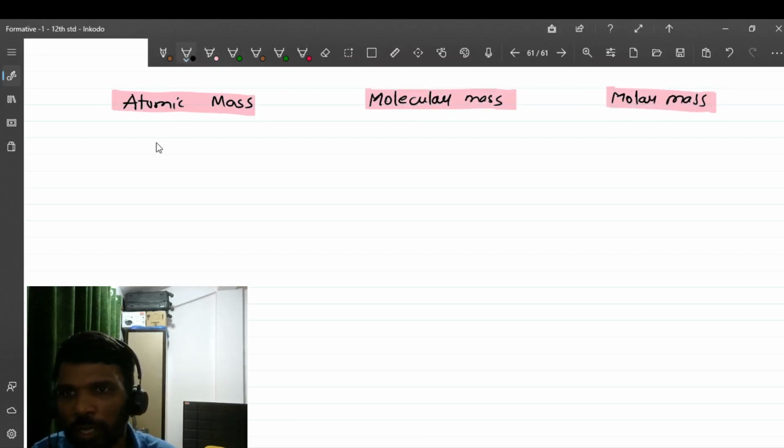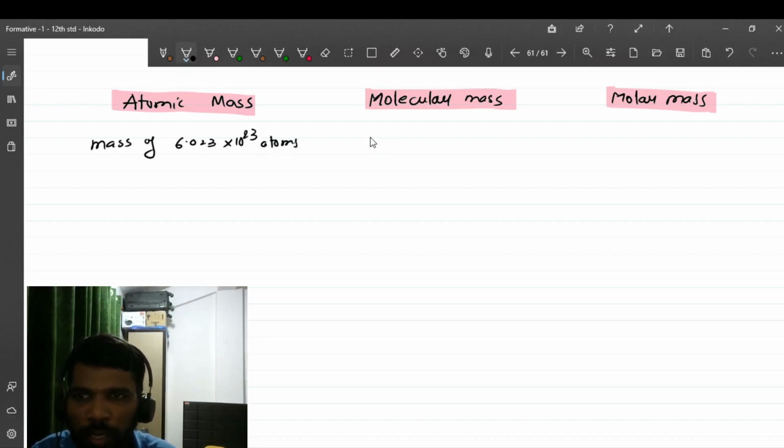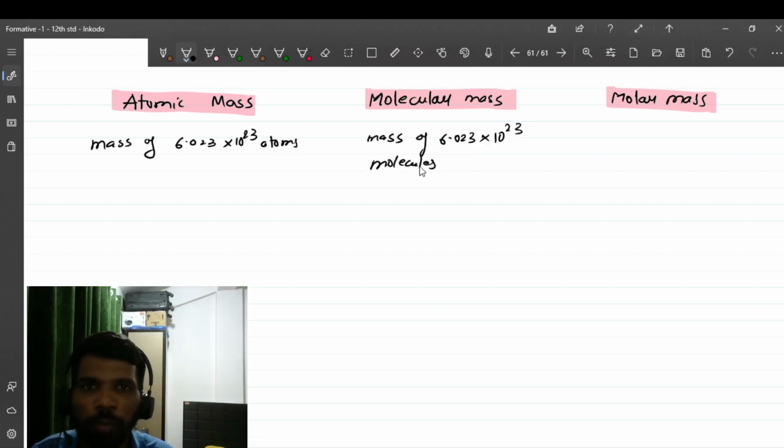We know that atomic mass is the mass of 6.023 into 10 raised to 23 atoms. What is molecular mass? It is the mass of 6.023 into 10 raised to 23 molecules, right?